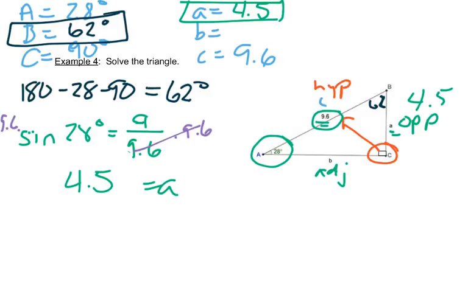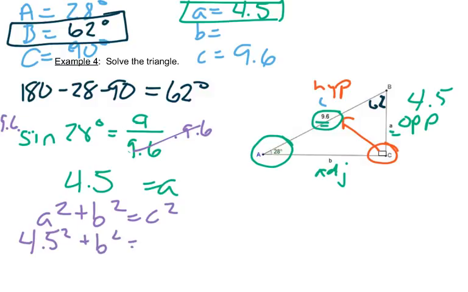We could use a trig function again to find the third side, but a lot of times instead of using the trig function, we'll use Pythagorean theorem. Remember, a squared plus b squared is equal to c squared. So we just found a is 4.5. We don't know b, but we know our c is 9.6.